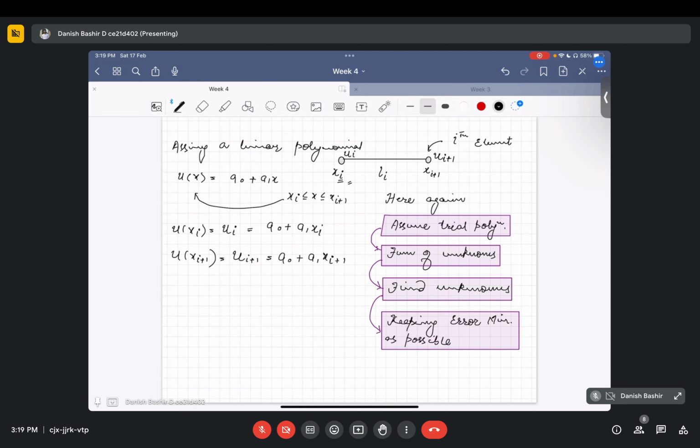Then this is equation first, this is equation second.